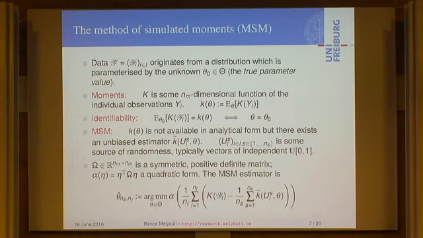And so this is the theory for the method of simulated moments. So there is your data, calligraphic y, and the unknown parameter theta naught. You have some n-dimensional function k, and then its expectation under the parameter theta is k theta. There is something we must assume, which I hope holds, but I can't prove myself, called identifiability.